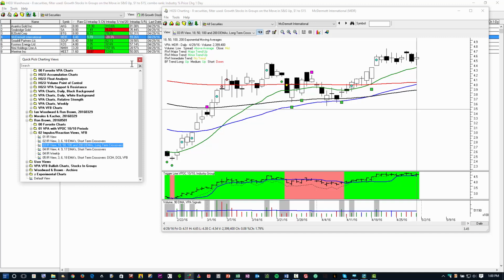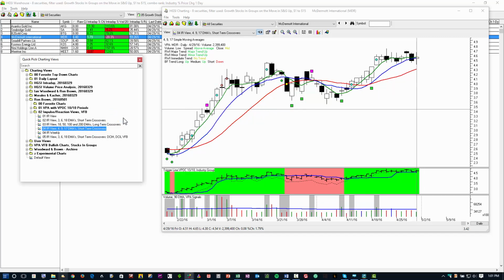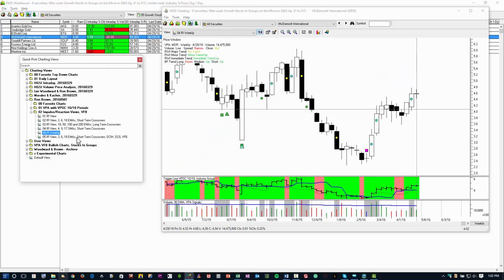I use DEMA here. Let me change that so it's consistent. The next one is a 4, 9, 17 DMA. I'm going to change that too while I'm at it, because it became an SMA, simple moving average. And then here's just a weekly chart with no moving averages.